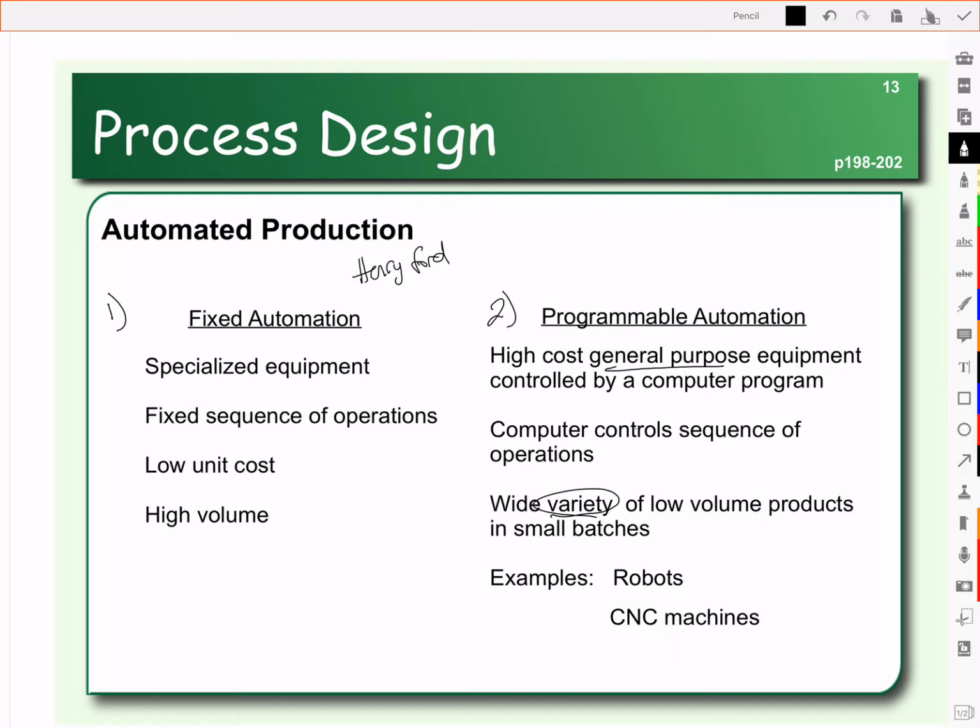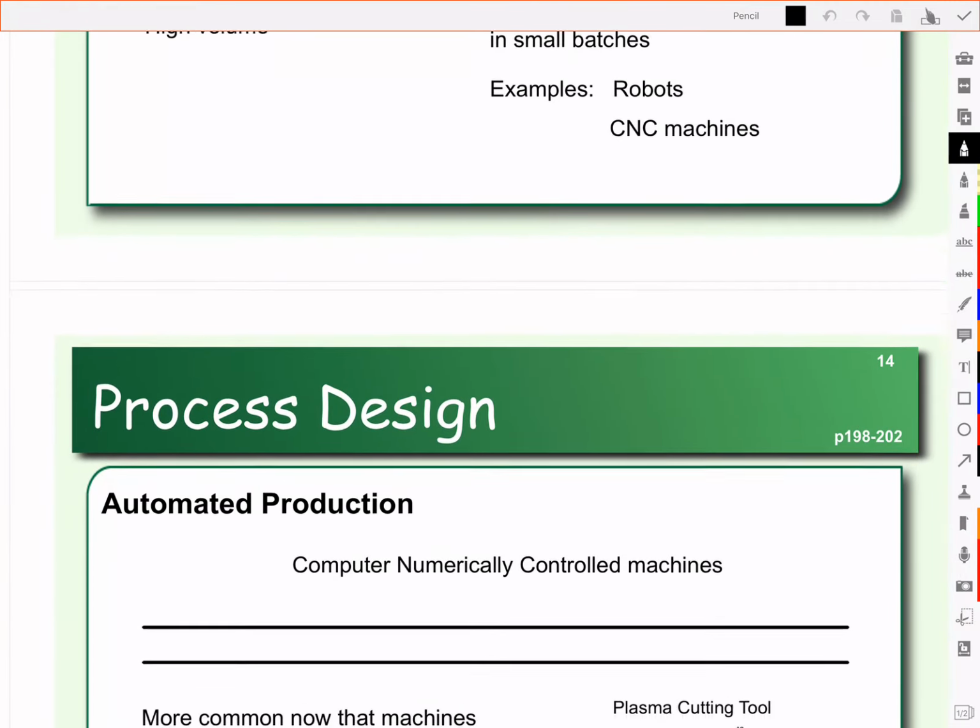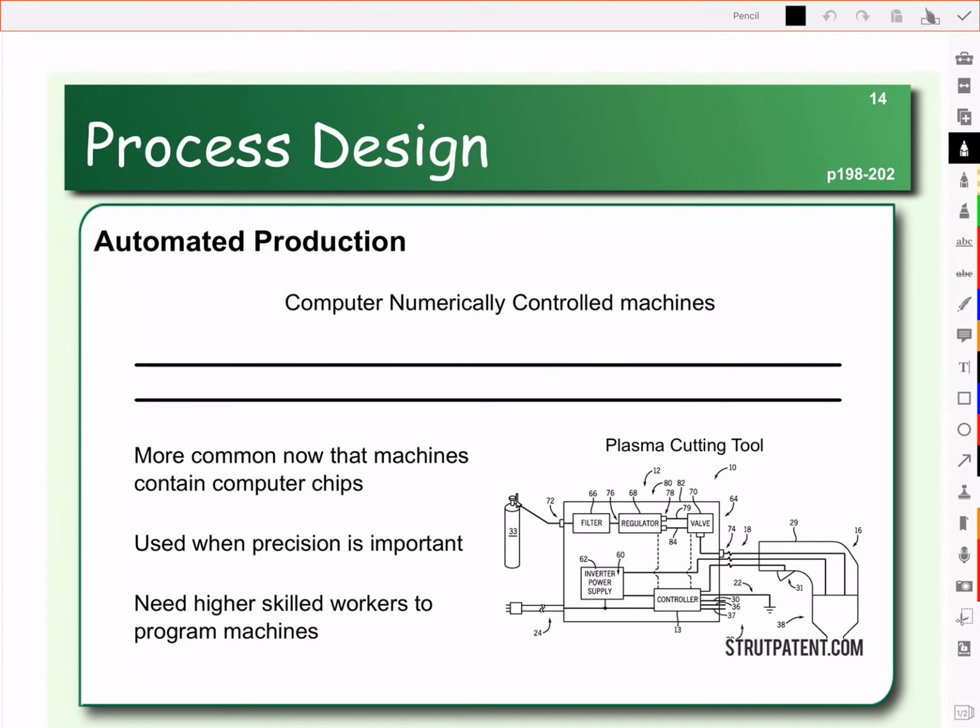So often what we're doing here is producing in batches. We may have to reprogram the computer to change a bit of what it's doing, different specs for maybe a different model. So we're increasing the variety. Of course, it's going to decrease the quantity, but now we can change over what each machine does by having a computer programmed. So this is going to allow for a bit more variety or flexibility.